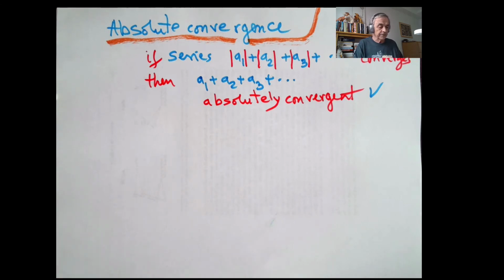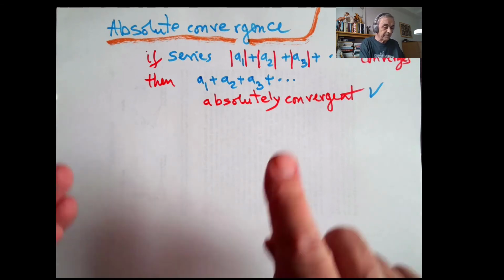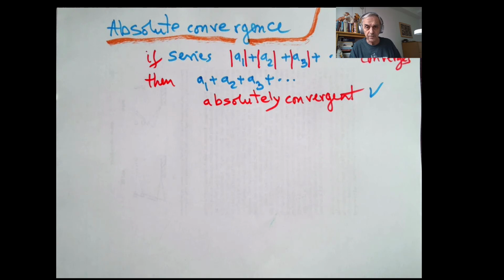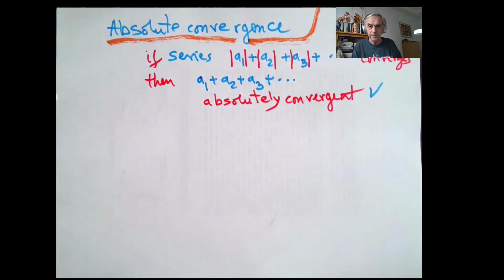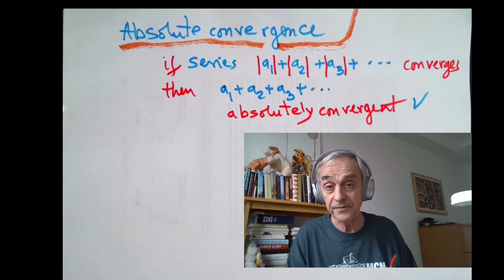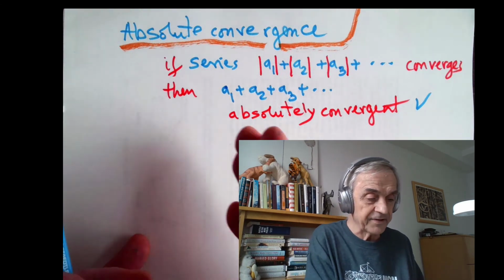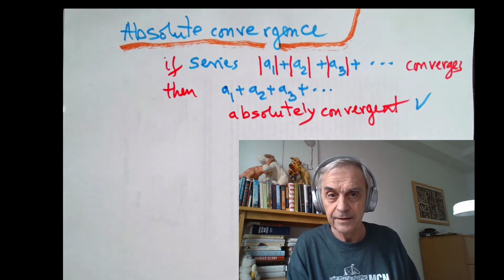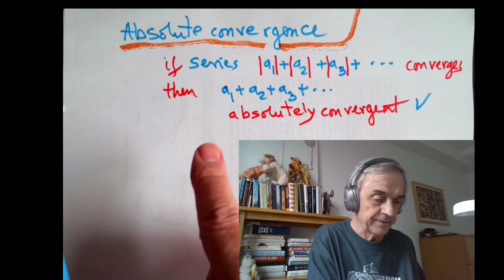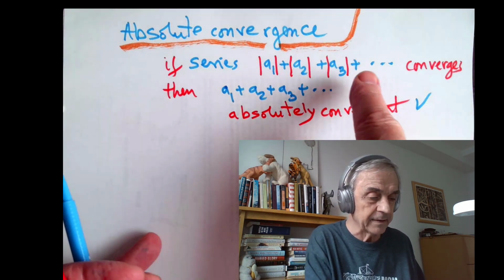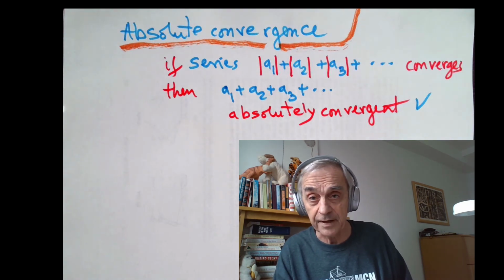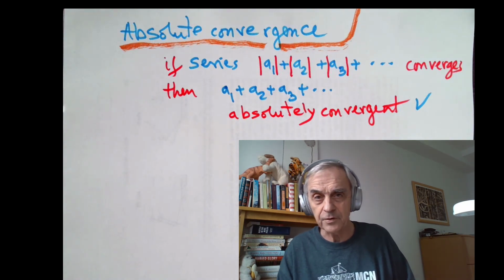Now notice absolute convergence is much stronger than convergence because if you add a bunch of complex numbers, their phases might interfere. So for example, phases could be plus and minus 1. So a series could converge, but its sum of absolute values doesn't converge. So absolute convergence is a strong statement.